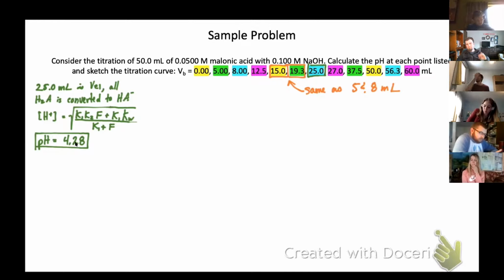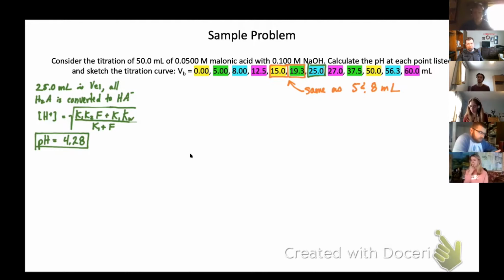Okay. Group 4, describe something for us about 27 milliliters. How did we set this up?